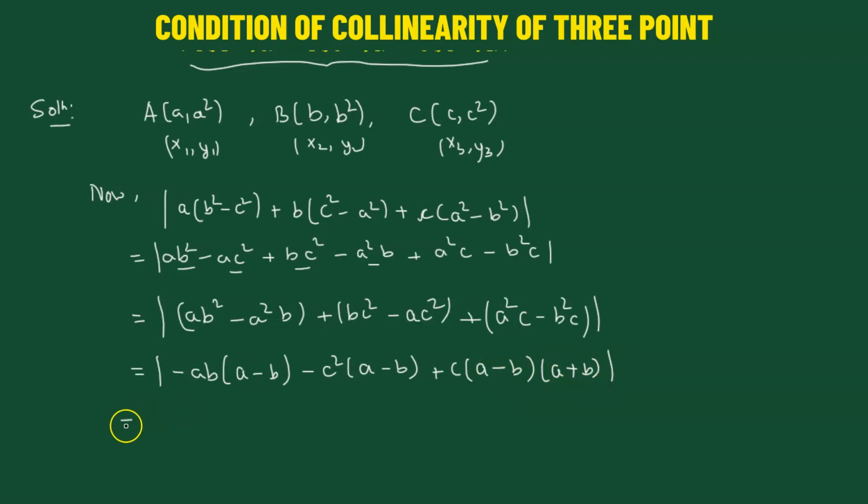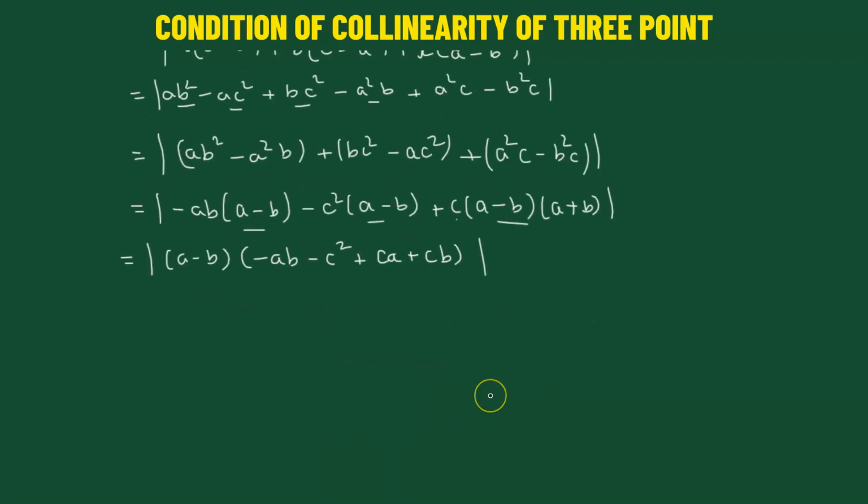Fine. Further simplification, we'll now take a minus b as the common factor from the three terms. So we have a minus b, so multiplied to it will be negative ab minus c squared. Now we have c multiplied to a plus b, so that's positive ca plus cb.